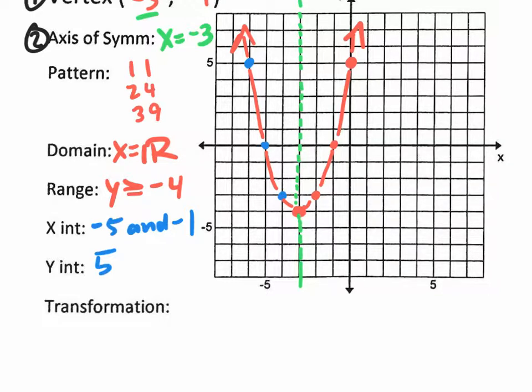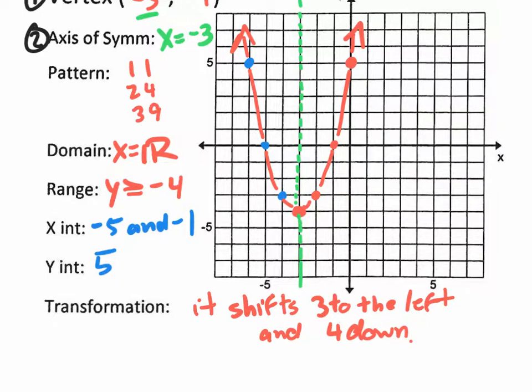It's the same exact U-shaped curve, but what happens? It goes 3 to the left and 5 down, right? No, 4 down, my bad. 3 to the left and 4 down. So let's write that down. The transformation is it shifts 3 to the left and 4 down.